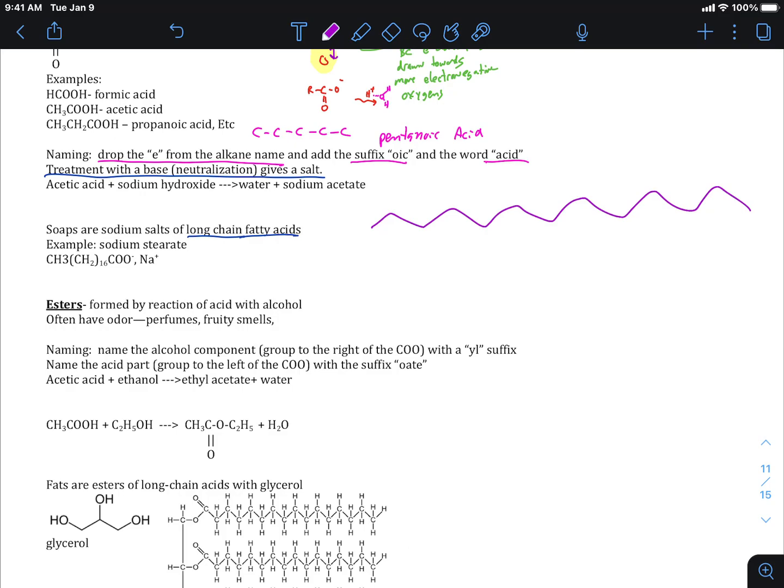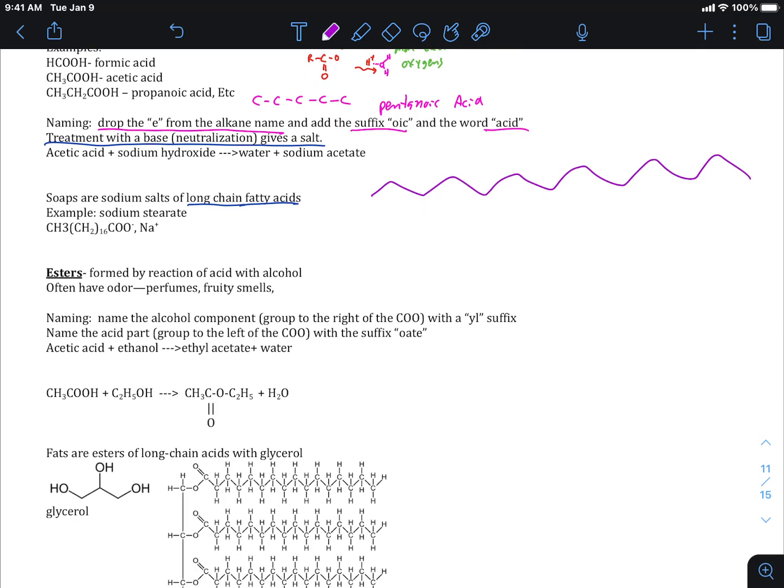And so we get these guys here. That's a fat. And depending on how long they are, the dispersion forces could build up, and your fat could turn into a solid rather than a liquid.